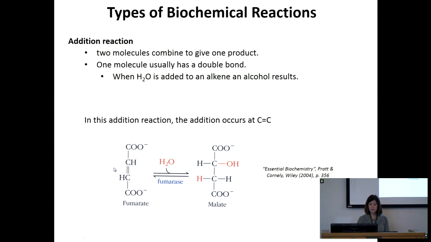Addition is just the opposite of that, where we are adding across a double bond. And hydration is an example, where we're going to add the hydrogen to one carbon and the OH to another. Those of you that have taken organic know that there's a lot more involved with this, but this is the level that we're going to talk about.